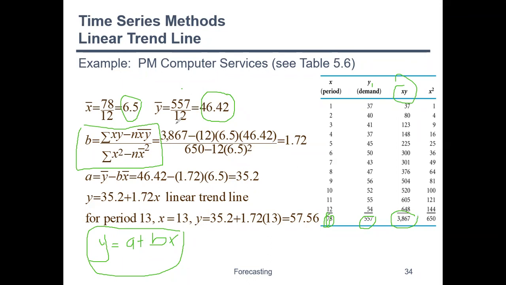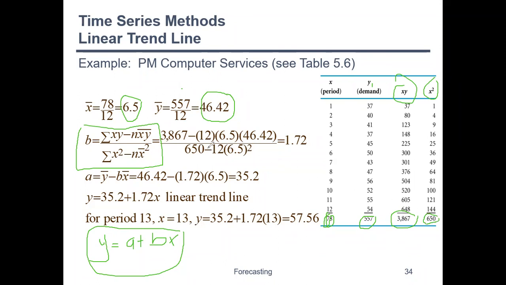So you realize that we have our 3867 minus N. Our N was the sample size. The whole N here was 12. So minus 12 into bracket the mean of X multiplied by the mean of Y. You realize that the mean of X was 6.5. The mean of Y was 46.42. All divided by summation of X squared. We squared our X's here, and the sum there was 650.